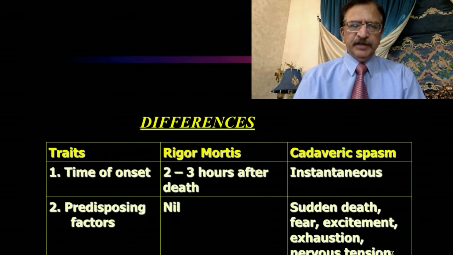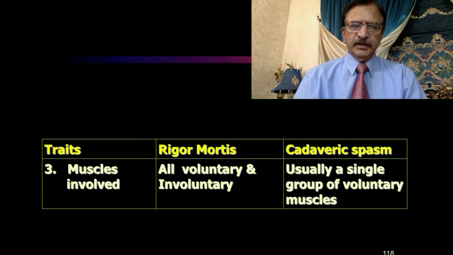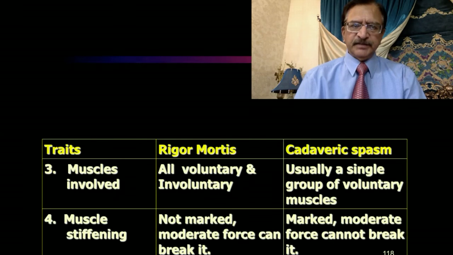There are predisposing factors responsible for cadaveric spasm, like sudden death and extreme emotional states, but in rigor mortis, no predisposing factors. Then the muscles involved: in rigor mortis, all the voluntary and involuntary muscles are involved, whereas in cadaveric spasm, a group of voluntary muscles are involved, usually the forearm or the hand muscles.